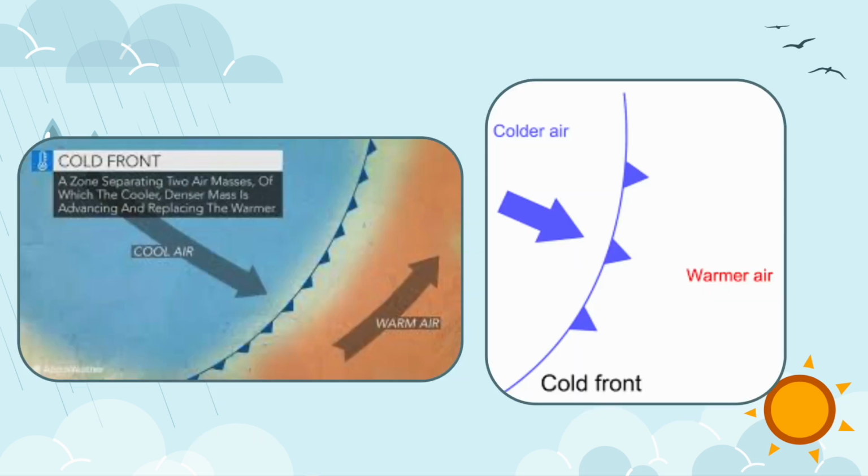So here is the symbol for a cold front. And here you can see the cold air pushing the warmer air away. This is an even better visual representation, basically showing how the cool air is pushing warm air, going in the direction the triangles are pointed.